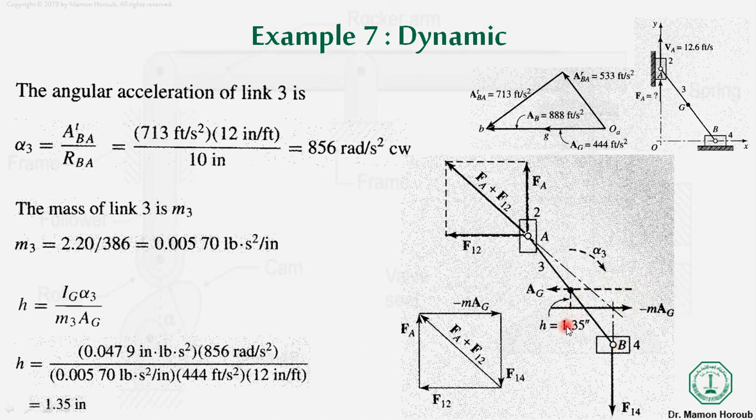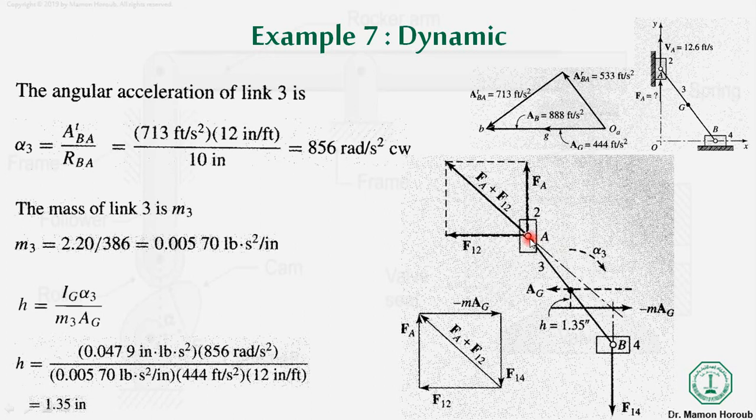So this is just for you people as a practice. Okay, so over here one force is completely known, that is the inertial force MAG, and its direction is known. For the other force, that is F14, the direction is known. Then, once you have the concurrency point, you need to draw a parallel line like this line.